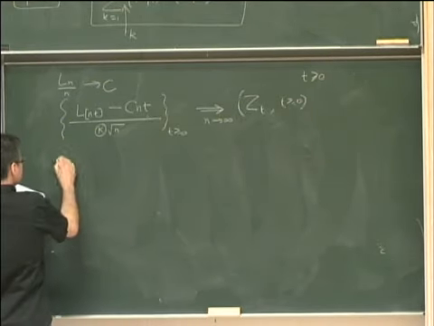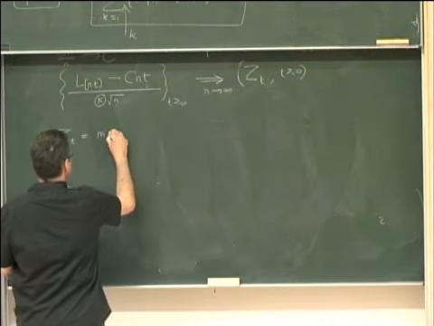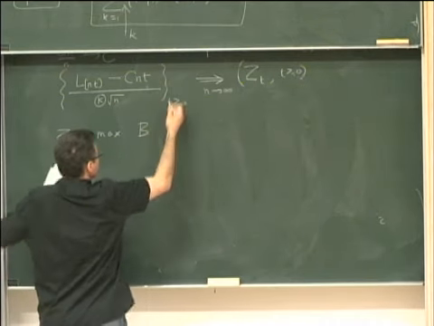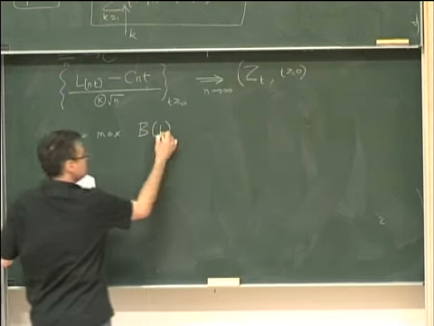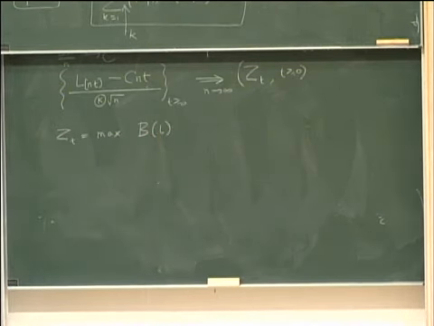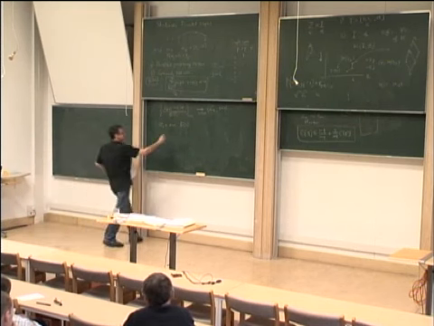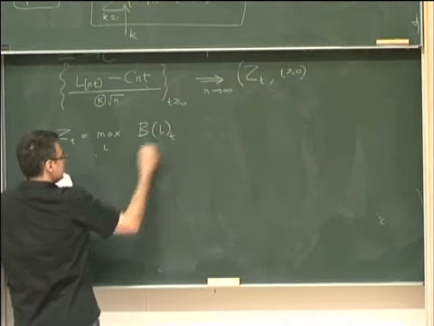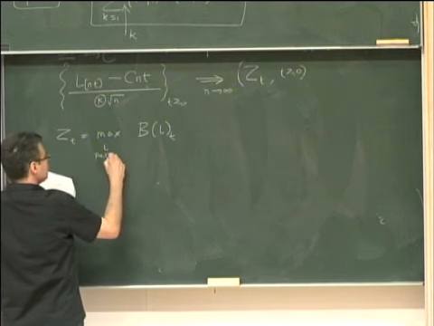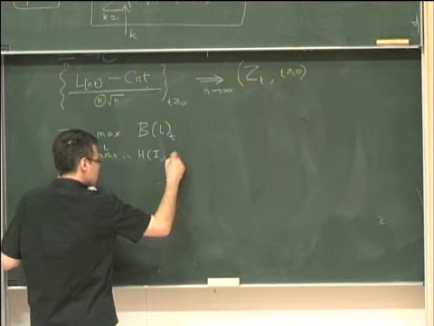So Z of t is the maximum of some other processes which are indexed by the letter iota. It's a Greek letter iota. It's not the square root of -1, as we said there. It's just a letter iota. It's a maximum over iota, and iota are paths in the Hasse diagram of this.